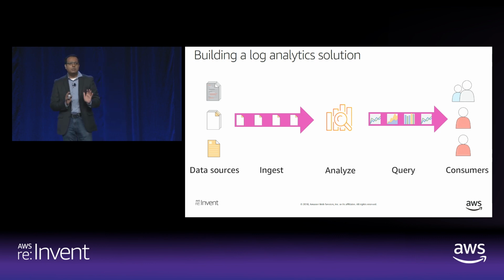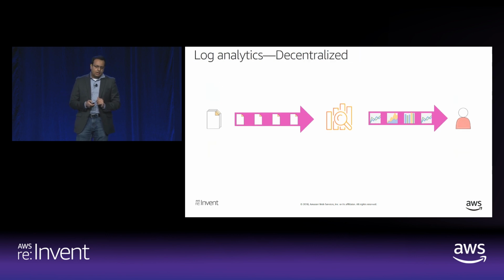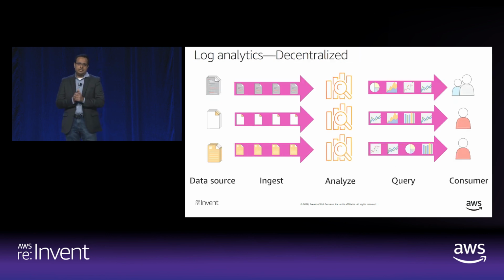There are two common models that we see. The first model is the decentralized model. You have a problem, you feel you don't have data, okay, go ahead, set up your own log analytics solution, just build up your own Elasticsearch service domain and set it up. You have your data source, ingest the data, query it however you want. This model gives you flexibility.